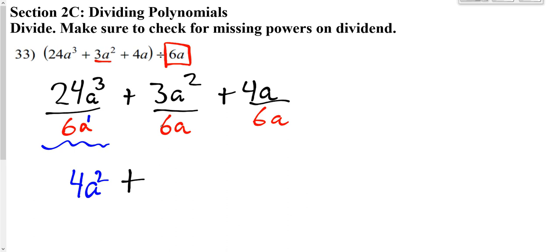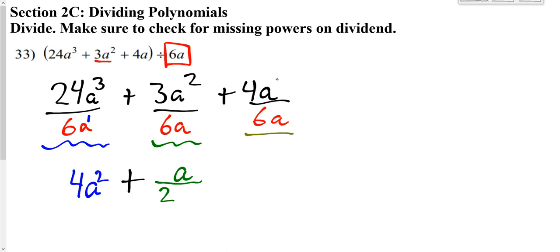When we look at the next fraction right here, 3 over 6 goes down to a 1 over a 2. And then when you look at the a's, which one has more a's, the top or the bottom? The top does, and it has one more a. Now, you should know that we don't necessarily have to write the 1, because 1 times anything doesn't change it. And then we can take a look at our last one here.